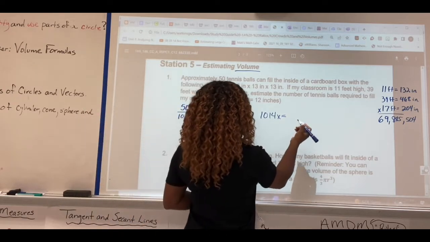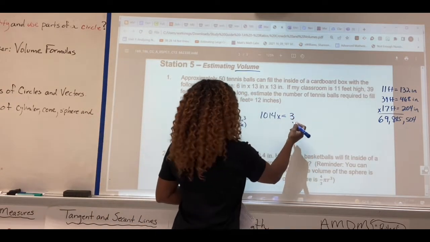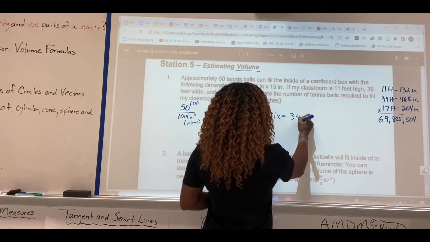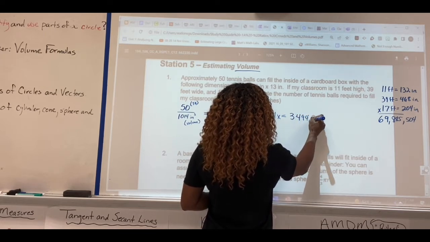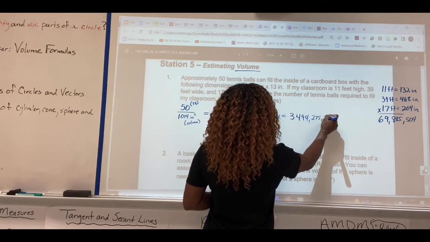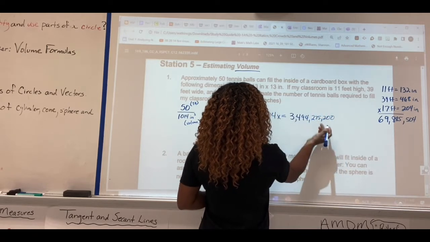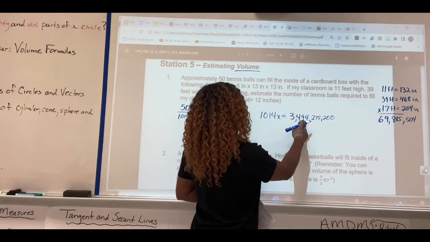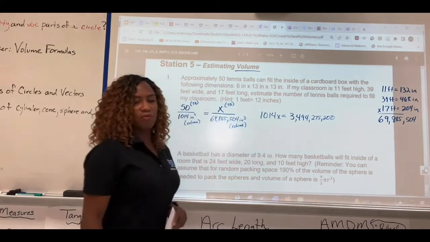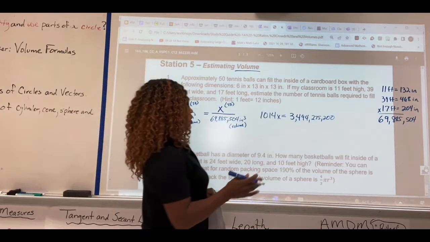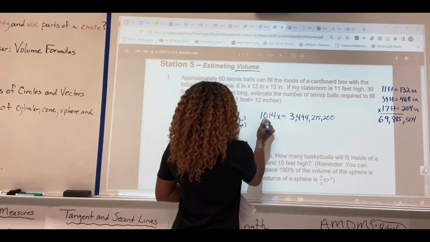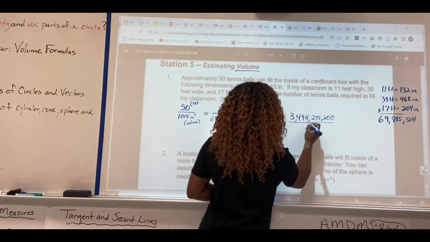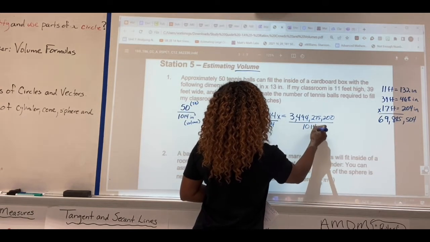And that's going to be 3,494,275,200. All right, now let's divide both sides by the coefficient of x, so we can eliminate that and isolate the variable, get it by itself.